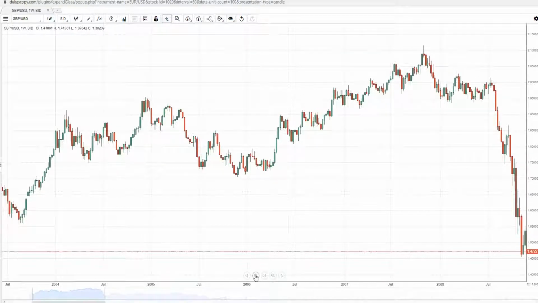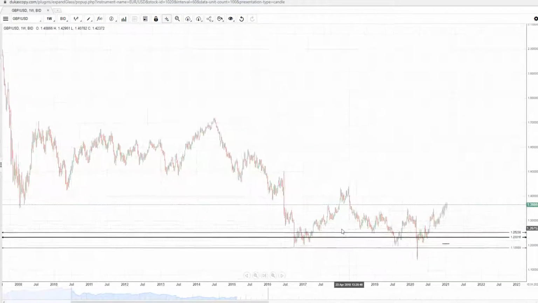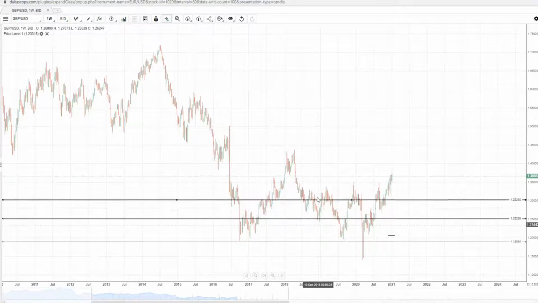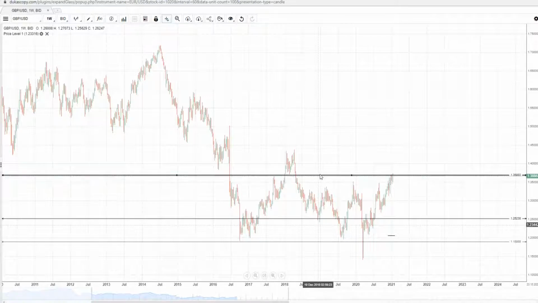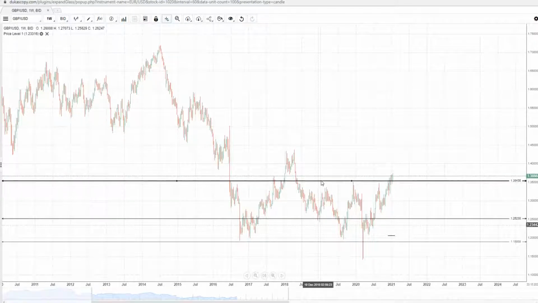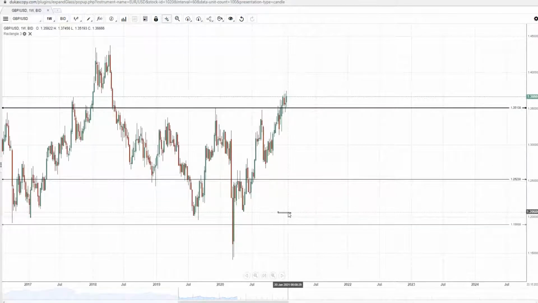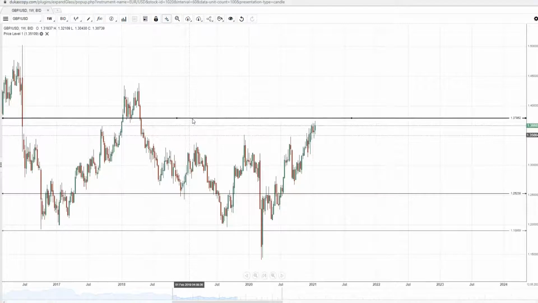The British pound USD, it's kind of simple. Why do I say it's simple? Because there's a very strong resistance level at this zone, because I've been looking at this price for some time. Yeah, there's a strong resistance level. This is the level.